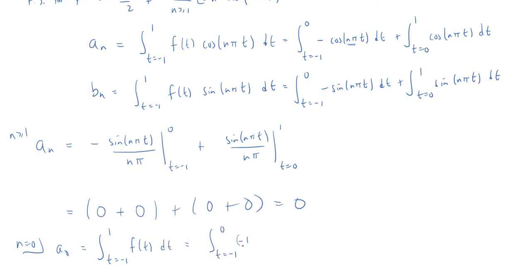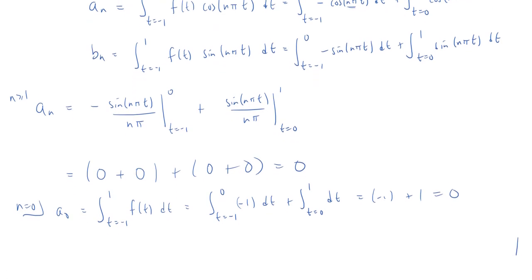So I have a negative 1 on the first component, and I have a positive 1, right, on the second component. And it's really easy to integrate these, okay? I get here negative 1 times the length of the interval, which is 1. So I get negative 1. And here I get positive 1 times the length of the interval, which is 1. Hey, these still add to 0. So all of the a's are 0. I don't get any of the cosine coefficients.